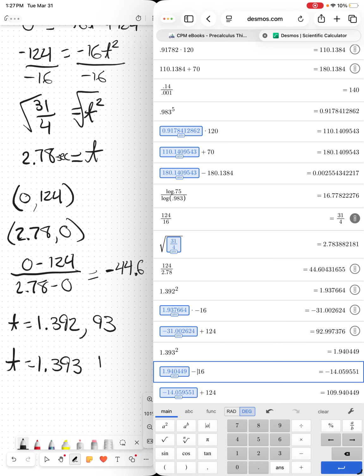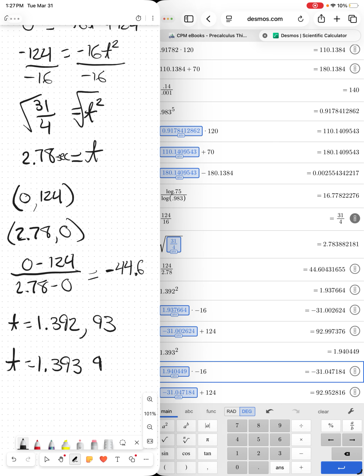Times negative 16. There we go, that's better. So 92.95.